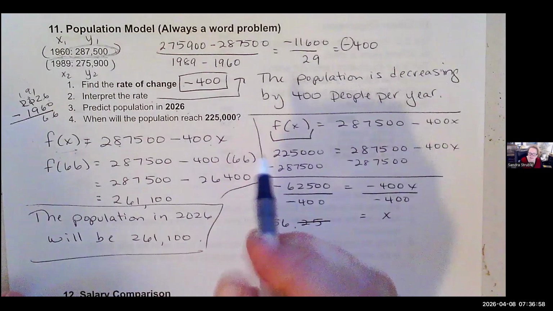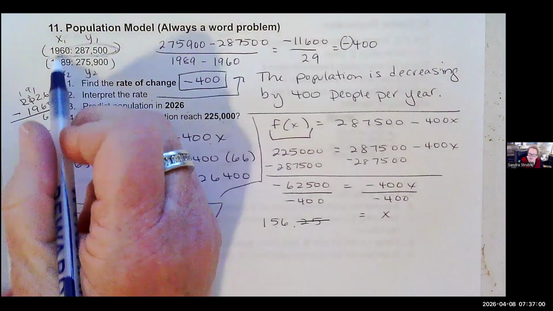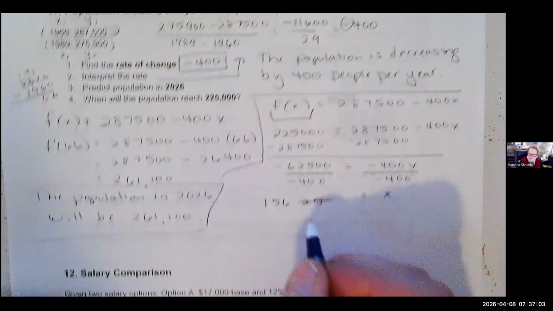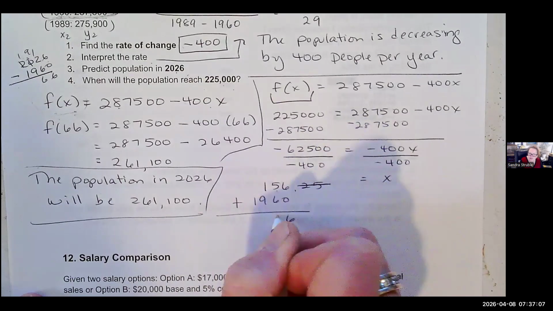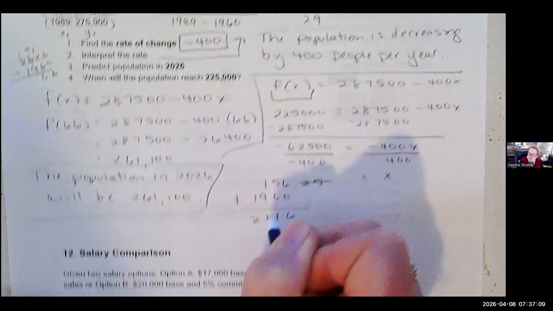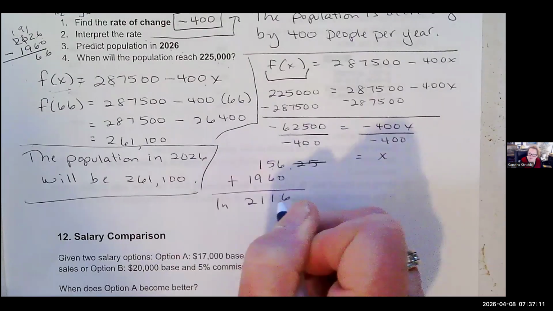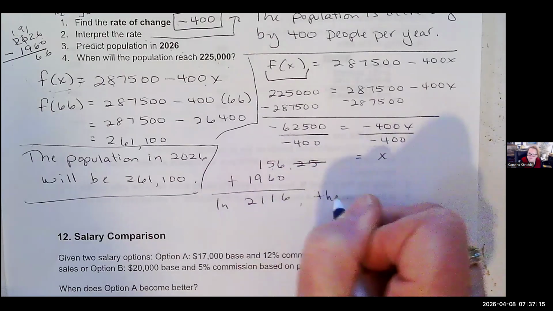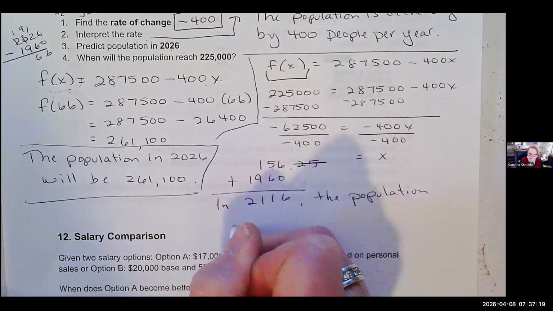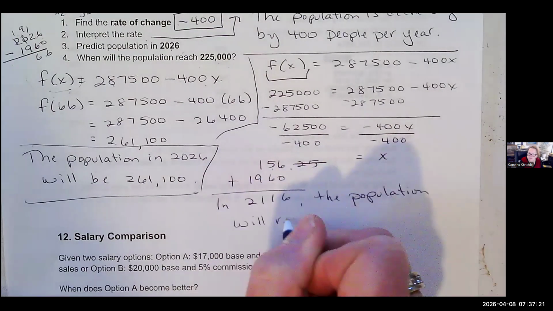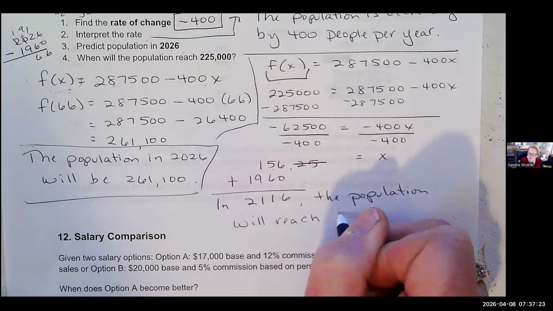I chose 1960, and you add that 156 to 1960. So in the year 2116, the population will reach 225,000.